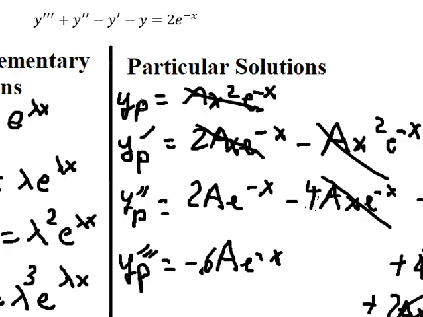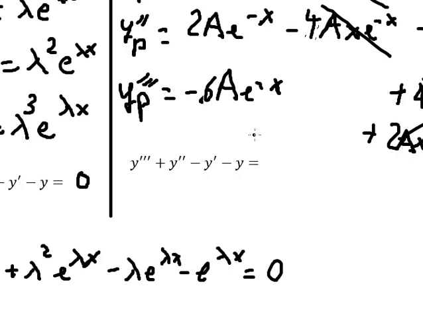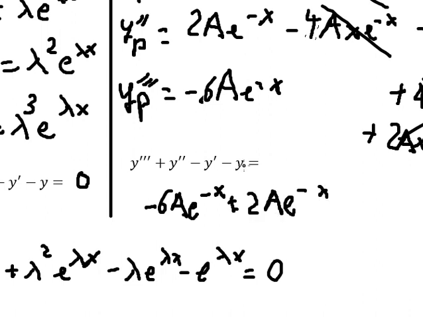In the original and the first one we don't have s, so we can put 0 in here. So that should be negative 6a e to the power of negative s plus 2a e to the power of negative s. This one and this one you get 0.